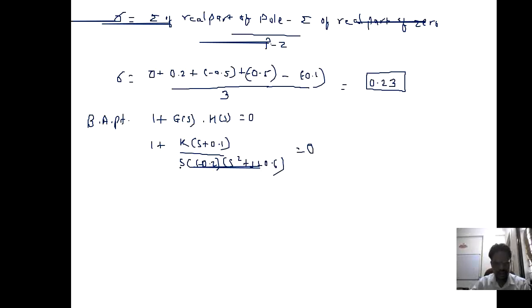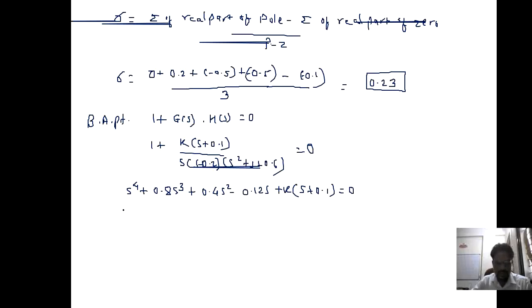Let us multiply all these brackets by cross multiplication, so we get s raised to 4 plus 0.8 s cube plus 0.4 s square minus 0.12 s plus K(s plus 0.1) equal to 0.